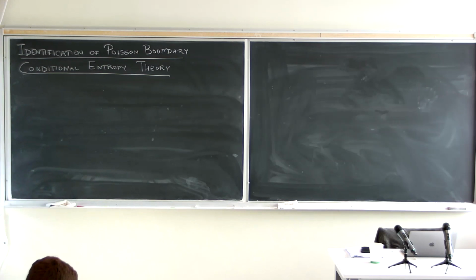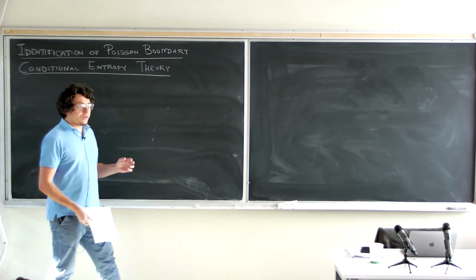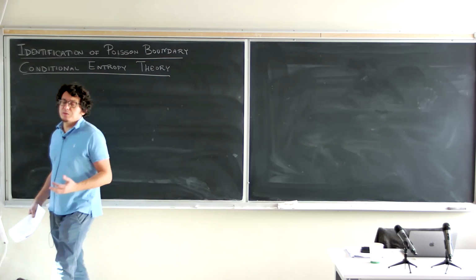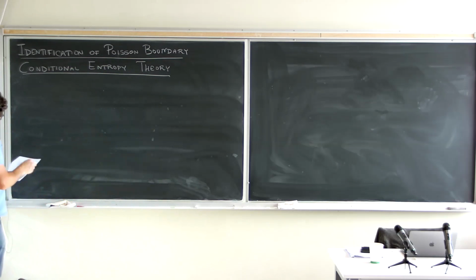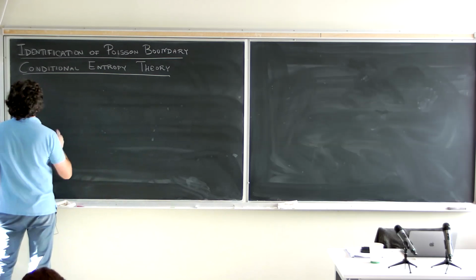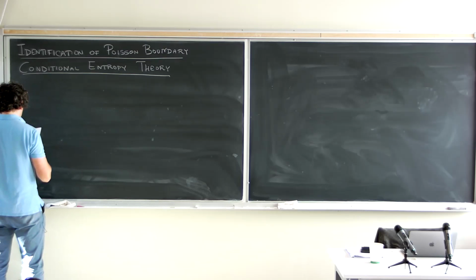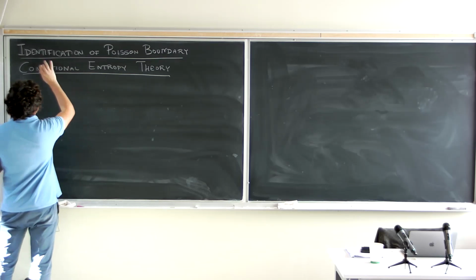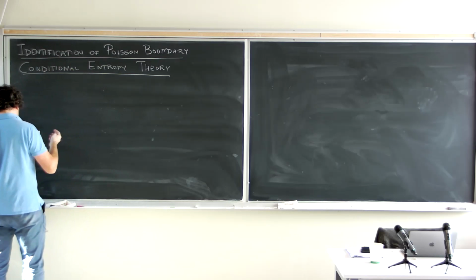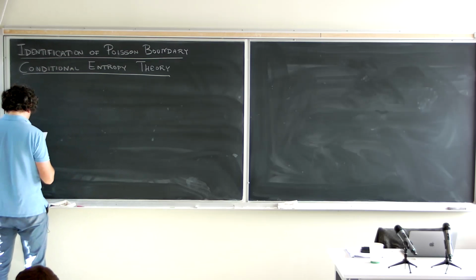Those groups have non-trivial boundary most of the time, so the problem is not to just prove whether the boundary is trivial or not, but really to figure out what is the model for the Poisson boundary. In general, to do that, we need the conditional entropy theory rather than just the absolute entropy theory, so there's another type of criterion which is similar but not the same.